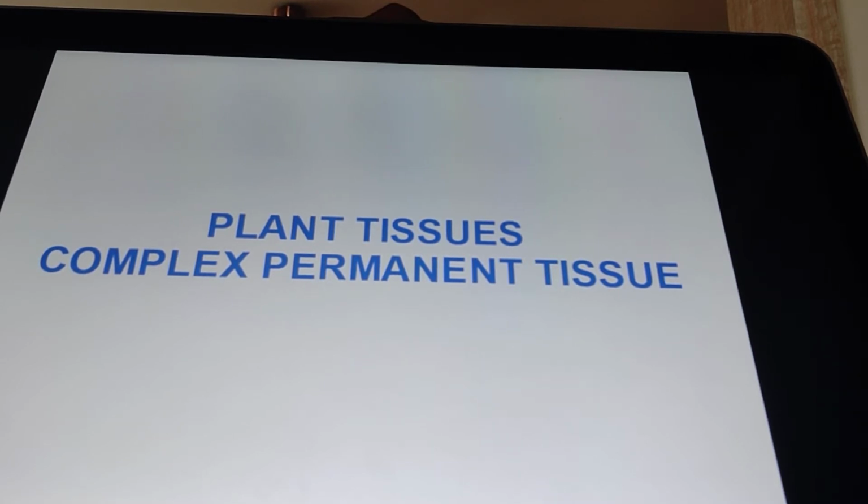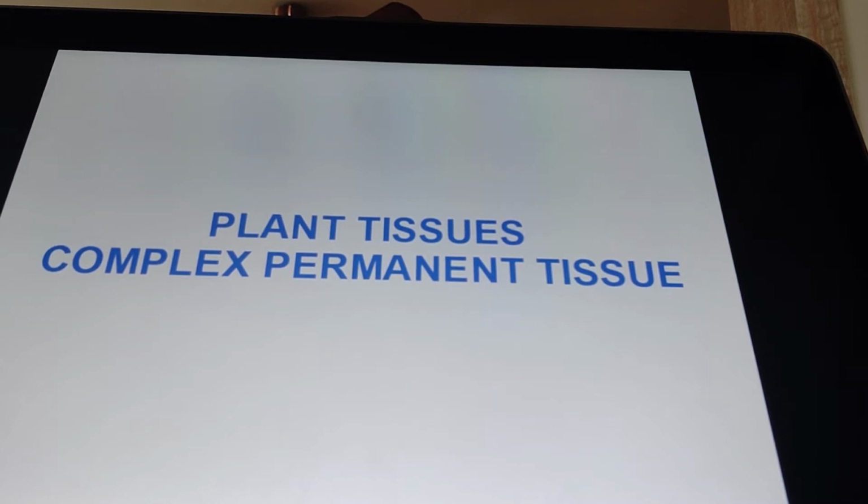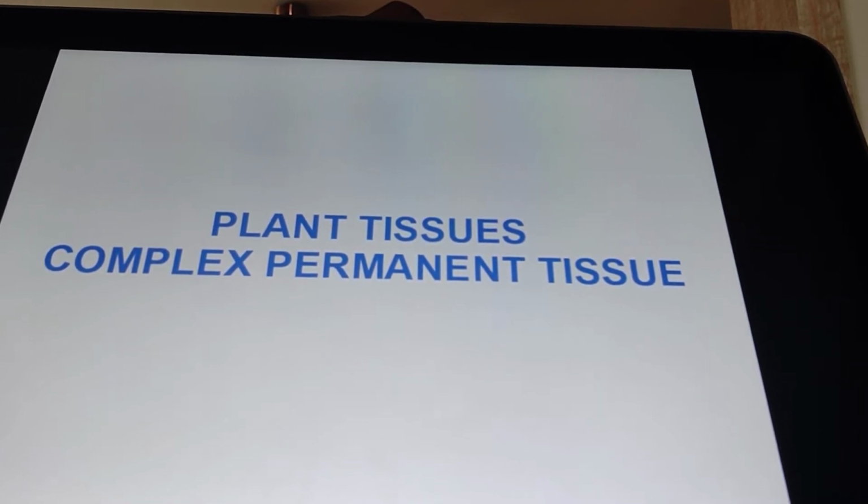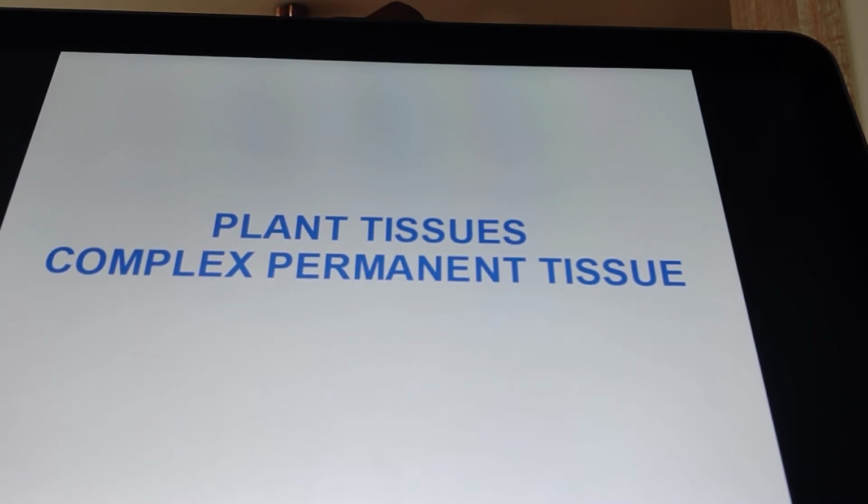Now, why are these tissues known as complex permanent tissues? In this tissue, different structures of cells combine together to perform a specific task. It is known as complex permanent tissue.